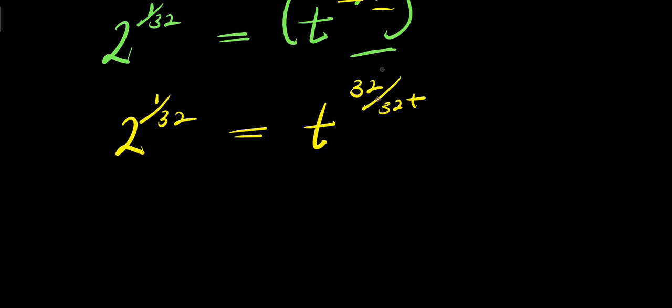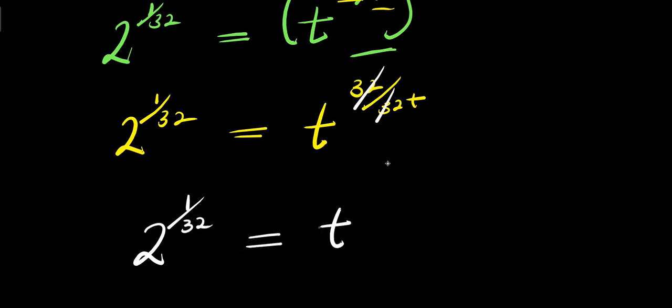So at this particular point, this cancels this. You have 2 power 1 over 32, and this equals t power 1 over t.